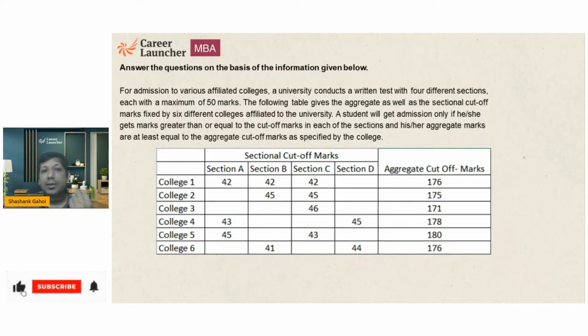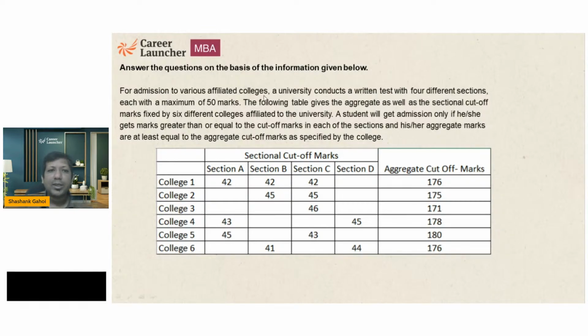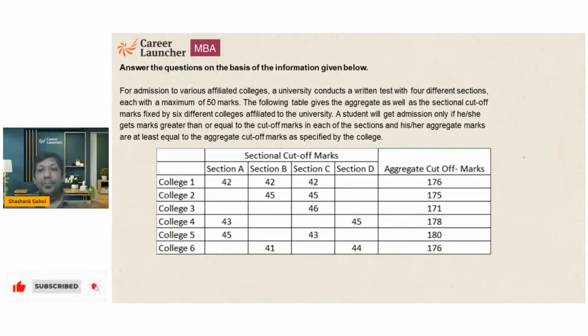And the following table gives us aggregate as well as overall sectional cutoff. ठीक है, so aggregate भी है अपने पास, sectional cutoff भी है section wise. ठीक है, and a student will get the admission only if he or she gets marks greater than or equal to cutoff marks in each of these sections, and her aggregate marks are at least equal to aggregate cutoff marks specified by the college.